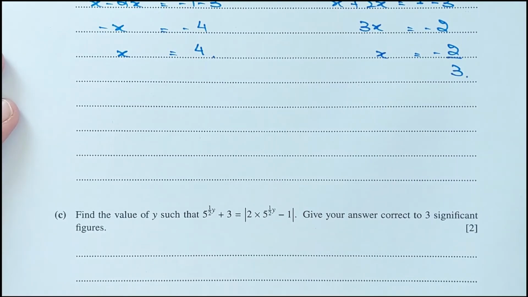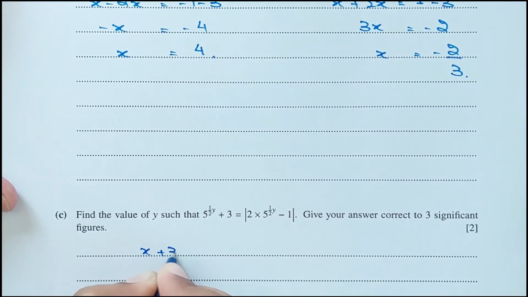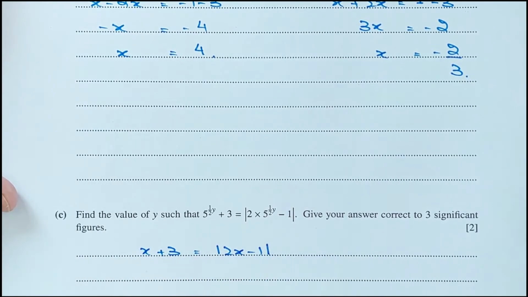Now for part C, find the value of y such that 5 power 1 by 2y plus 3 equals 2 times 5 power 1 by 2y minus 1 absolute. Give your answer correct to 3 significant figures. So as you can see from part B, we have an equation x plus 3 is equal to the absolute of 2x minus 1.